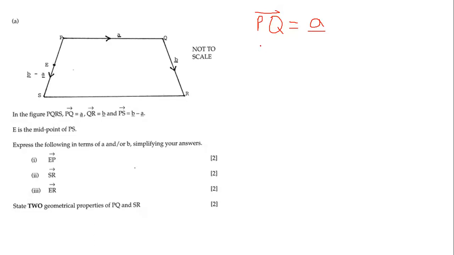And the vector SR is actually equal to 2A. Now, how do we get that 2A? We got that in a previous video, I think that was the first one, the first part.